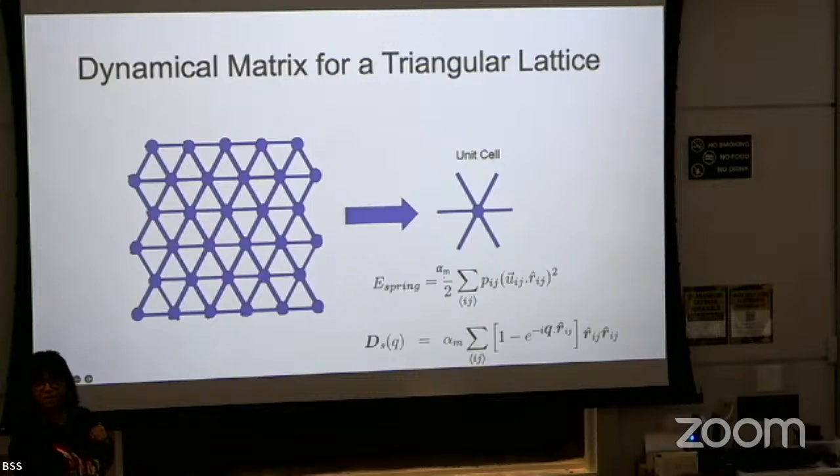Alpha M is the effective medium spring constant, yes. In addition to alpha M, you will also have other things that are here, because of this. So it's not just alpha M anymore.